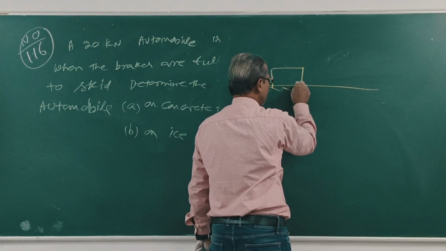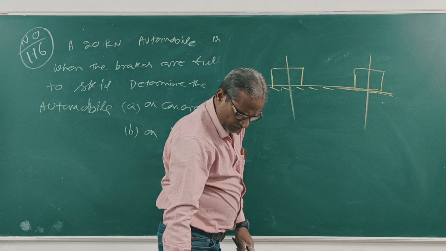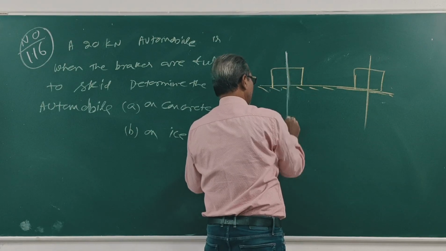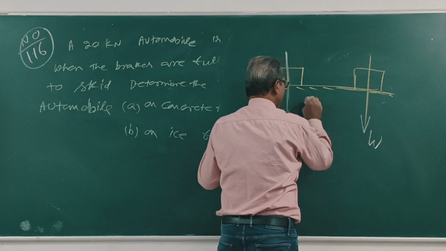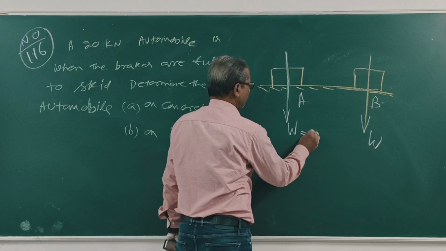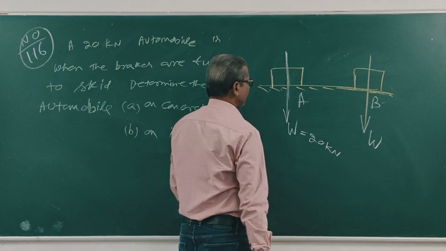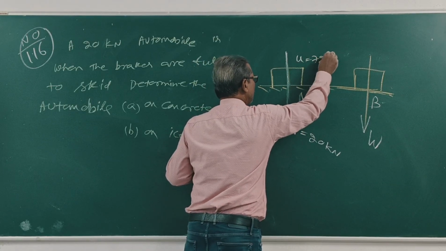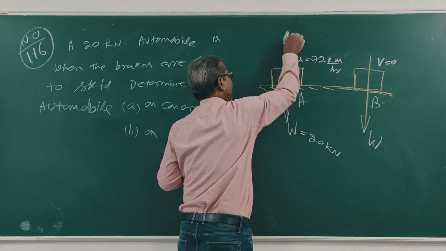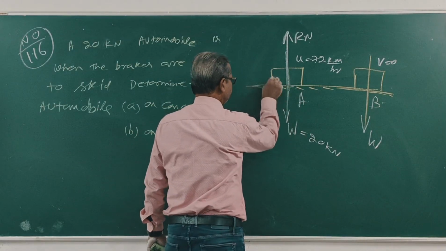This is the automobile vehicle. Clear? This is point A, weight W, this is point B. The 20 kilonewton automobile, W is 20 kilonewton, is moving at a speed of 72 km per hour, U is 72 km per hour, V is 0. Normal reaction Rn, friction F. What is F?